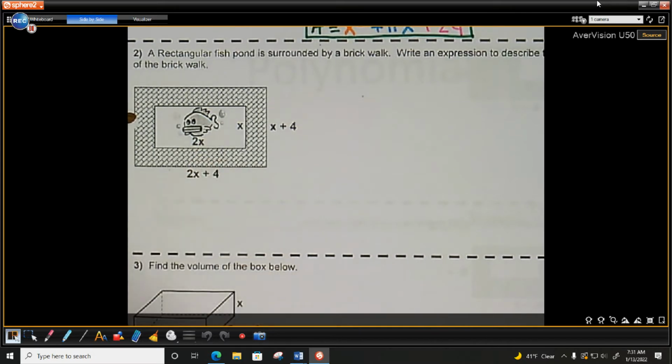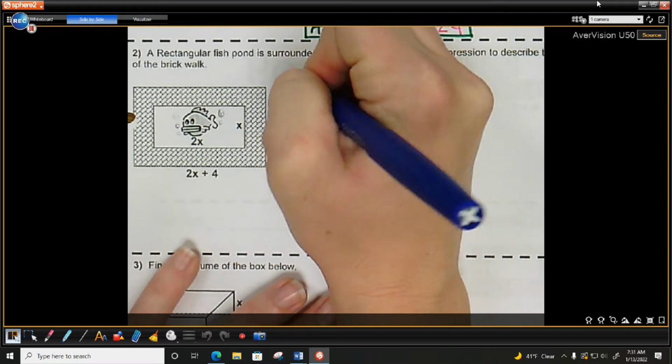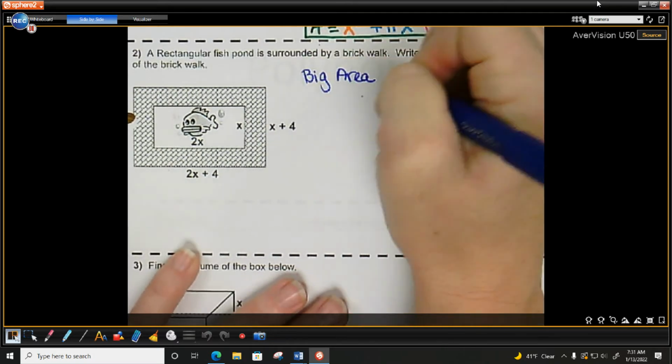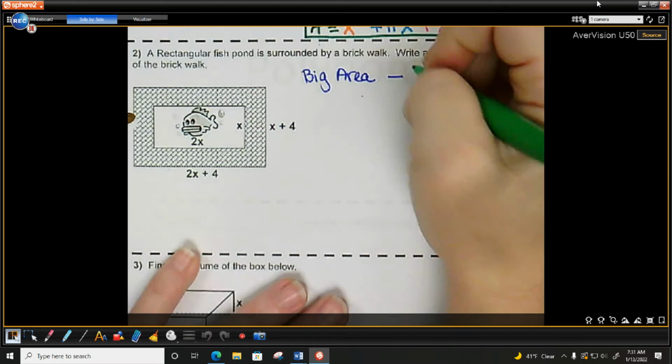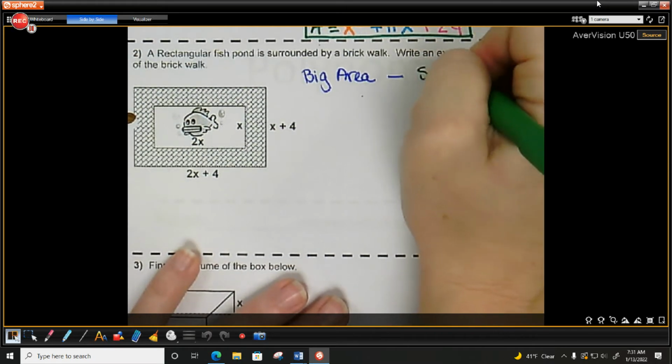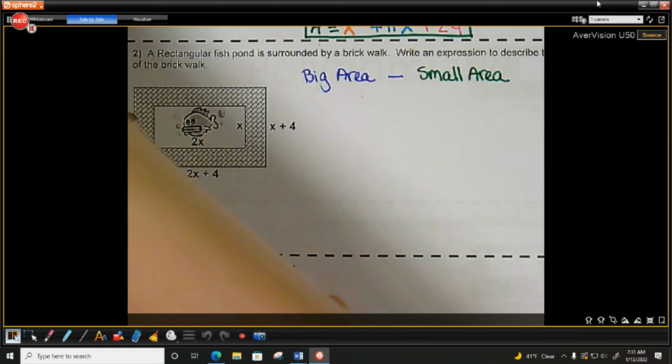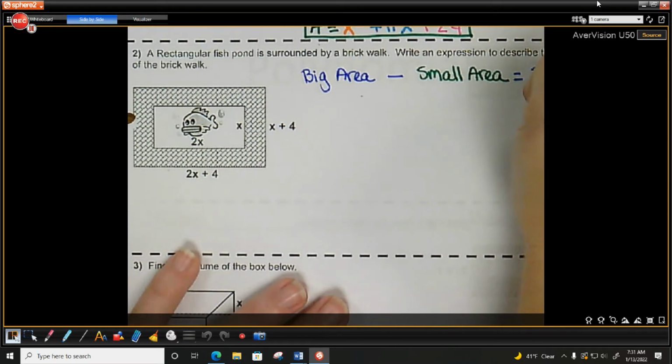Find the big area, find the small area, and then we are going to subtract the two to find the middle area. So I'm going to say big area minus the small area, because the small area doesn't have brick, is going to equal my brick area.